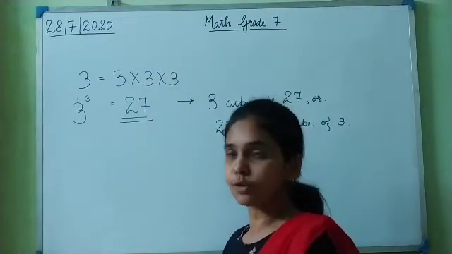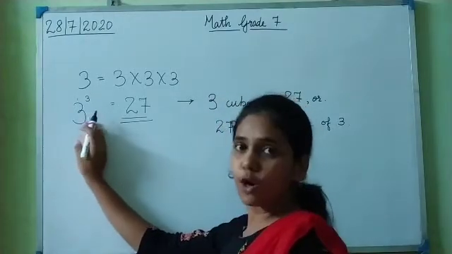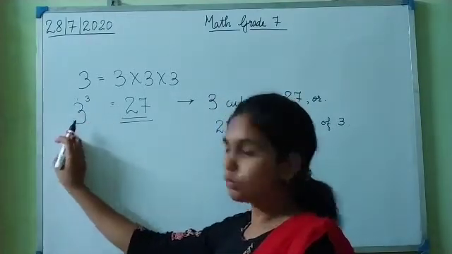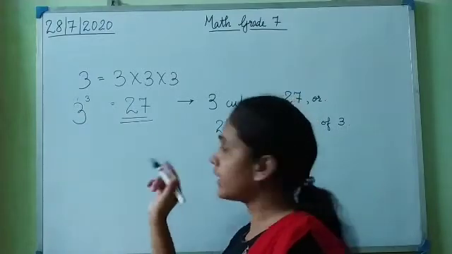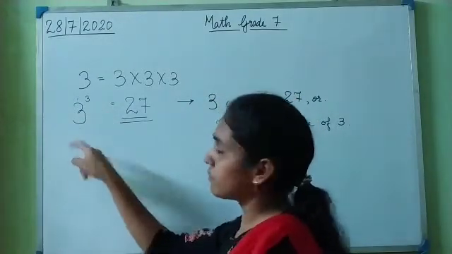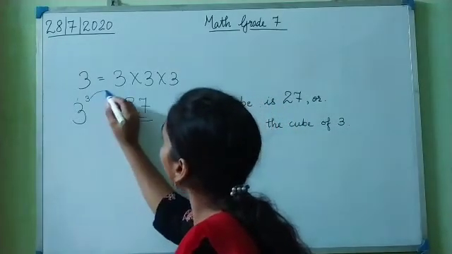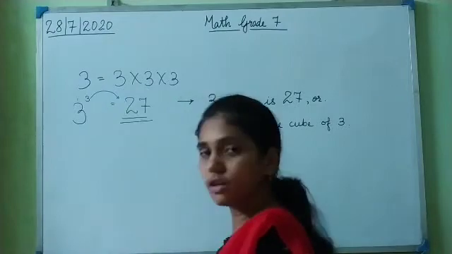Now what is a cube root? When the cube sign goes from one side of the equal sign to the other side, it becomes a cube root.